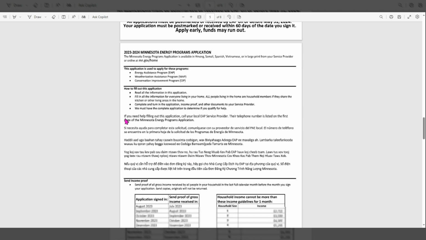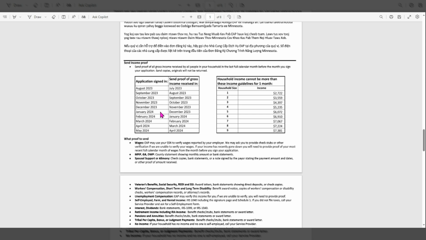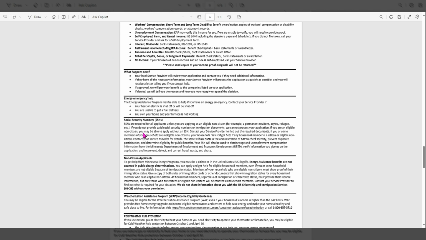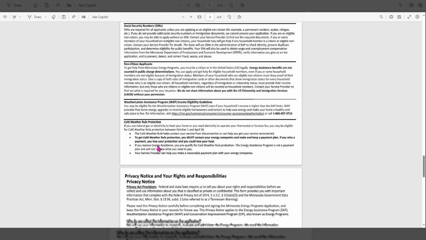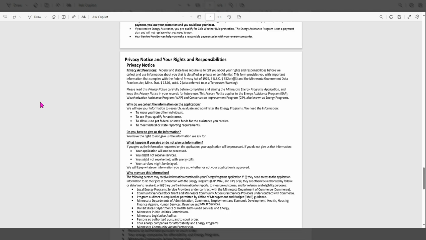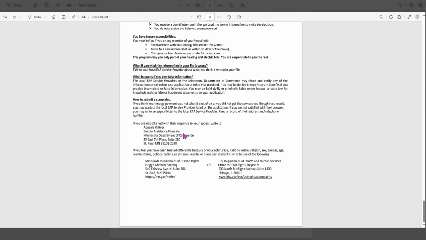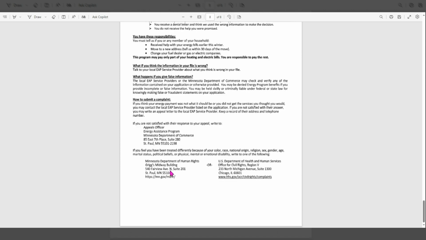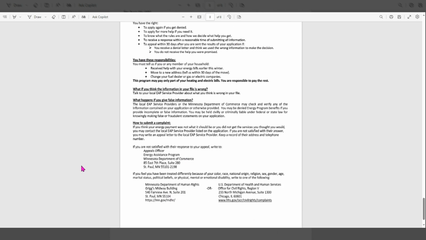Remember to read through these instructions as they hold valuable information like the income guidelines, what proofs to send, what happens next, energy emergencies, why we ask for the information that we do, privacy notices, your rights and responsibilities, and then information like how to appeal, and more information about Commerce and all of that good stuff.